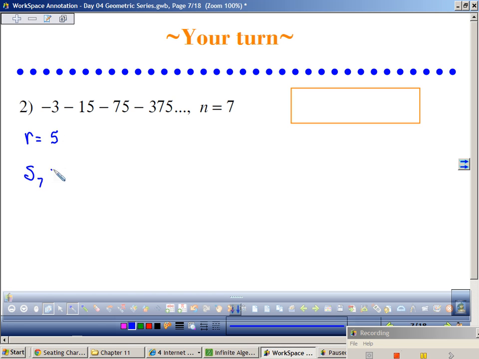So S sub 7 equals -3 minus -3 times 5 to the seventh all over 1 minus 5. If you put that all in the calculator, you should get negative 58593. That's the right answer.